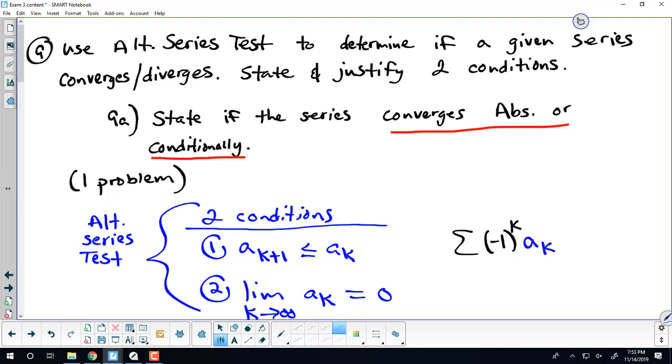So when we test whether an alternating series converges by the alternating series test, you don't take into consideration that -1 to the power. It's everything but that which you're testing in these two conditions here.